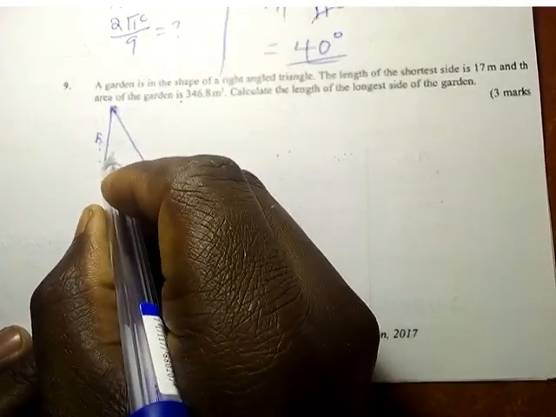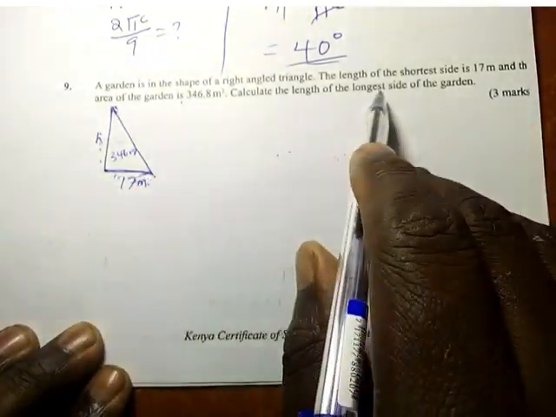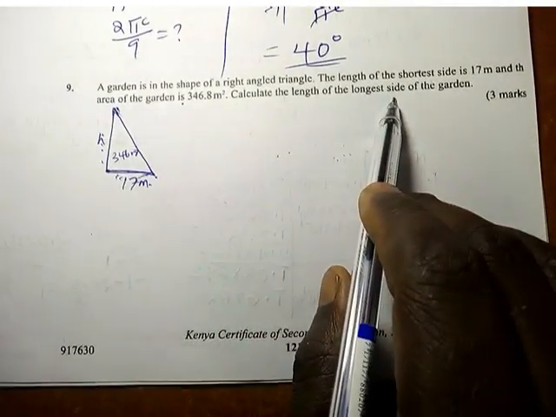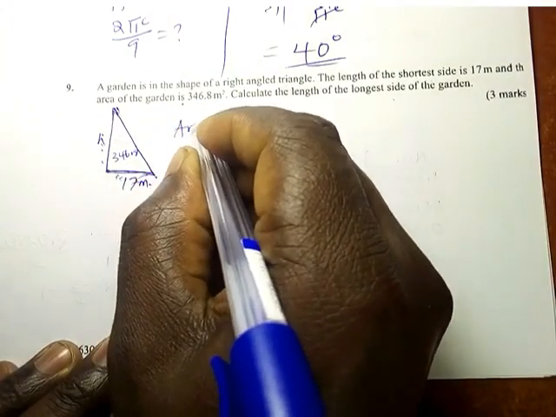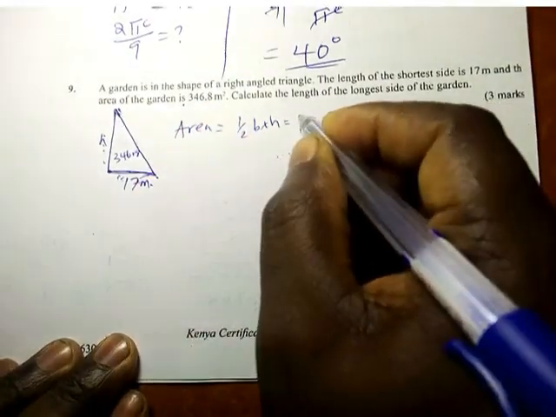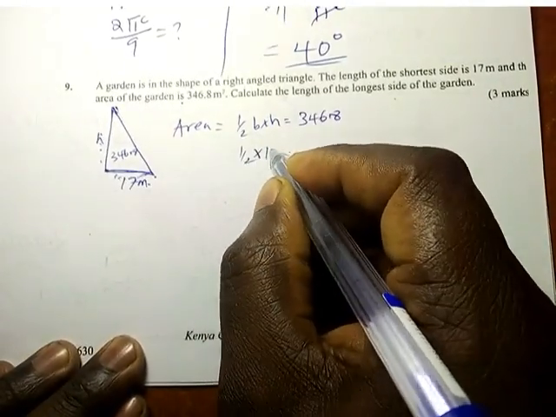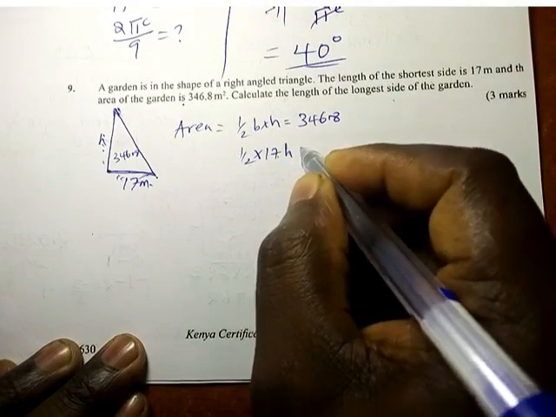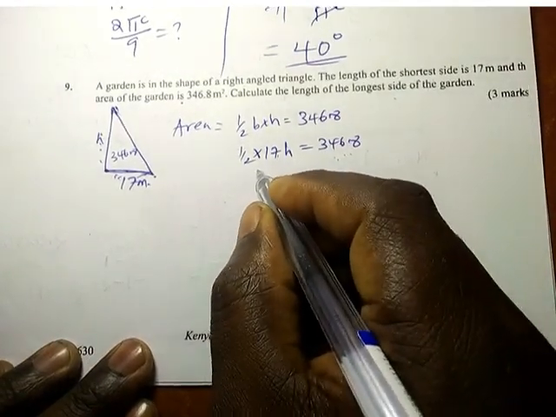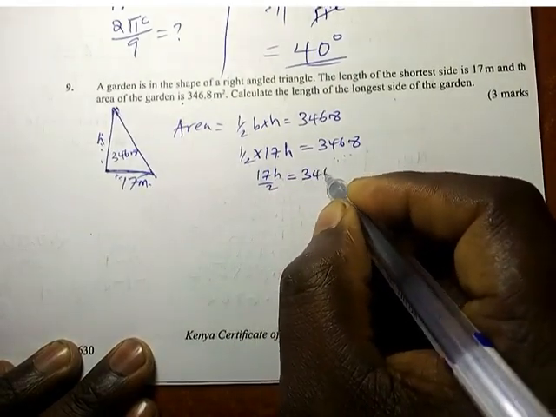The area is 346.8. Calculate the length of the longest side. So area equals a half base times height, and that one is 346.8. A half times 17 times h equals 346.8. 17h over 2 equals 346.8.